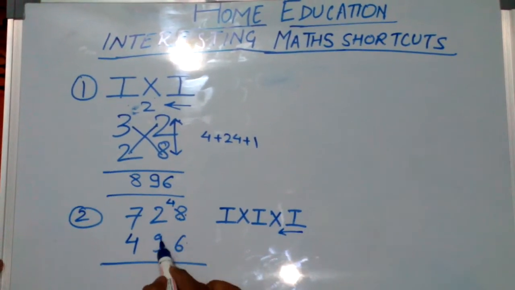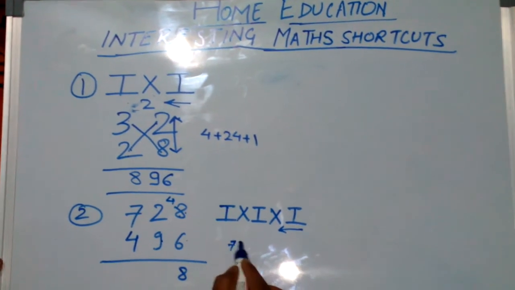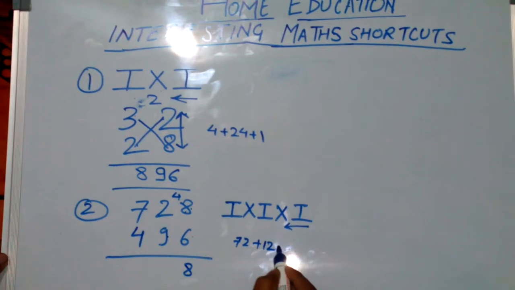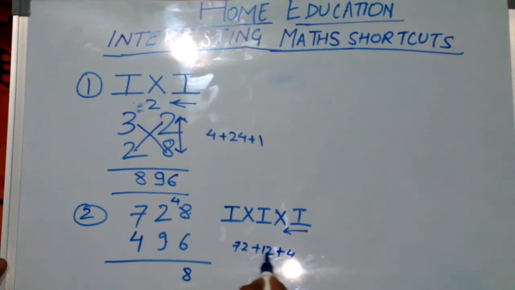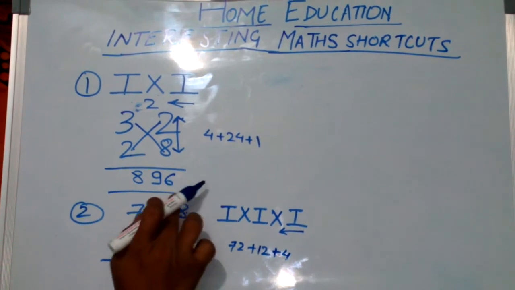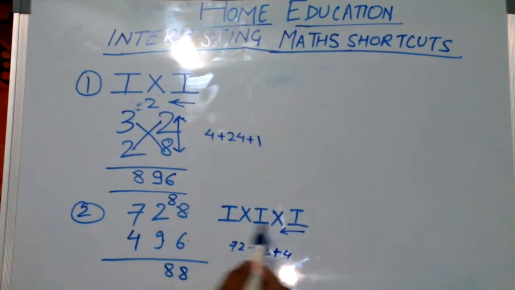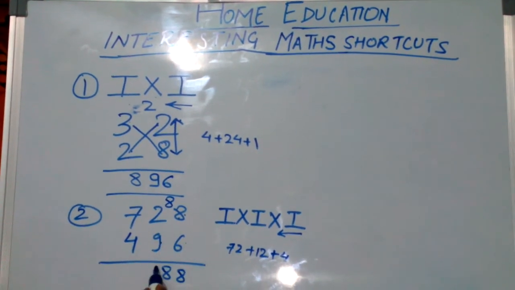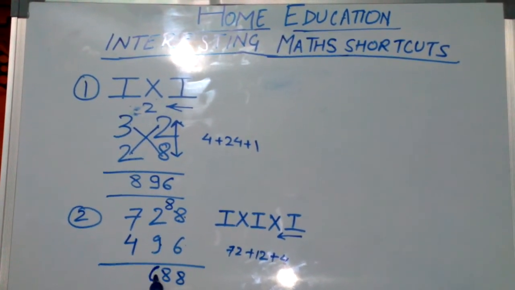Now X: 8 into 9 is 72 plus 6 into 2 is 12 plus 4 carrying. It becomes 72, 84, 88, 8. Now 8 carrying. Now the rule says I: 9 into 2 is 18, 18 plus 8 is 26.